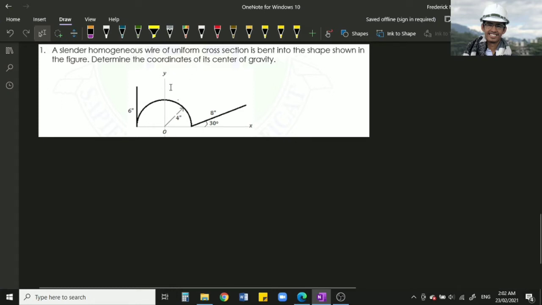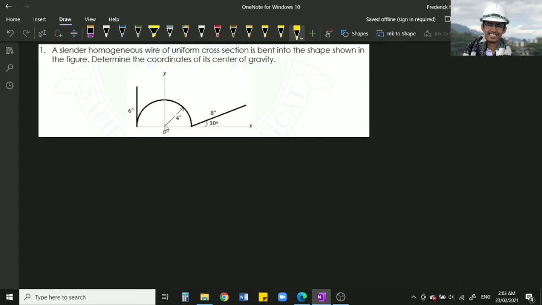So para makuha natin yan, pwede nating i-divide into parts yung ating material, no? Para makuha natin yung center of gravity. Okay? So first is yung line natin. So itong pwede nating hatiin sa tatlo. So meron tayong straight vertical line, and we have the semicircle, and we have the inclined na line dito.